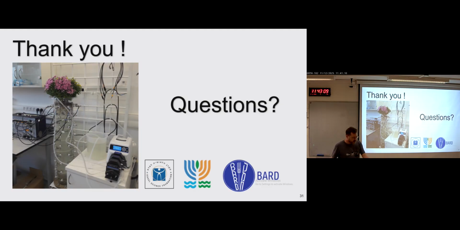Right. Yes, this is a correct observation. I'm not sure that we'll be able to use SIP to look at root in soil, but only in hydroponics. And we did a few experiments and published a little bit about it. And the thing is that maybe we cannot see the root, but we can see the rhizosphere.